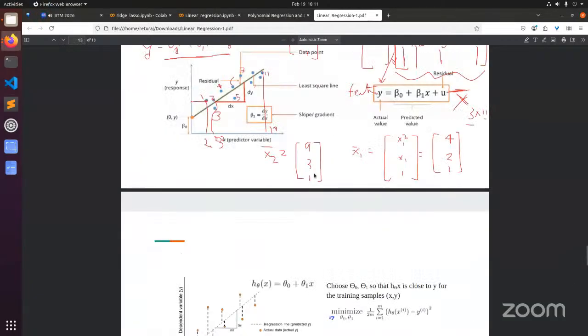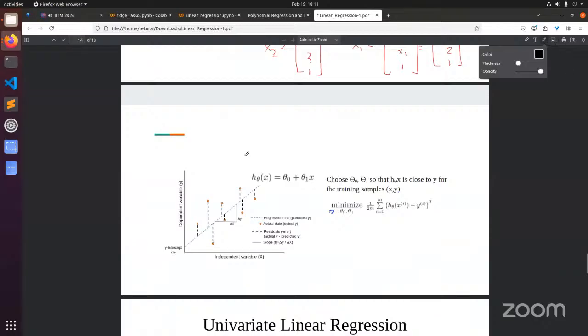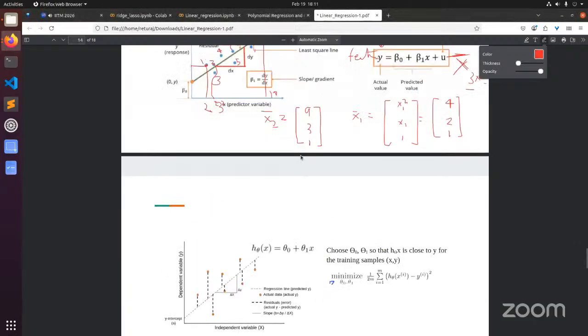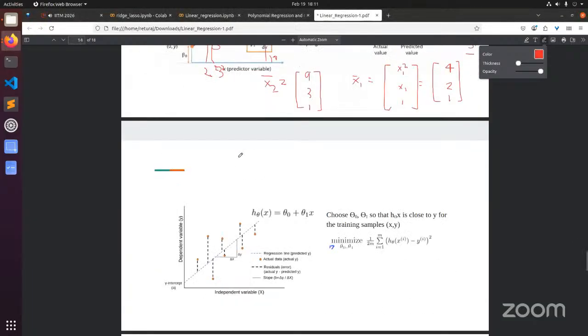Okay. So what is the n here? I'm assuming the n that she was referring to is the degree of the polynomial. Remember that we converted our problem into X bar theta bar equal to y bar, right? And theta bar is the only unknown.